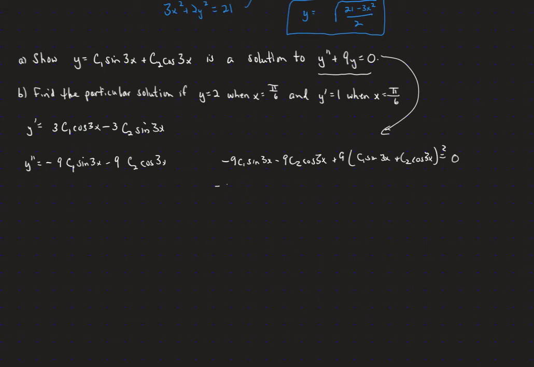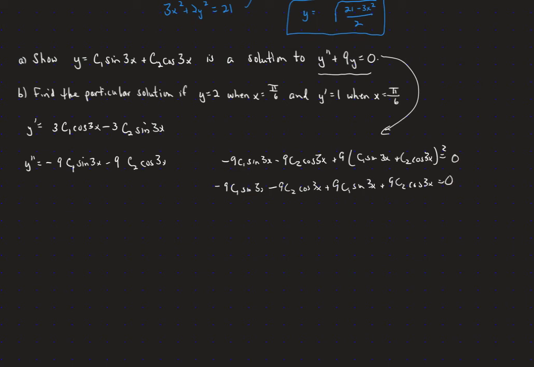So if we distribute, I think we can see where we're going. That's a minus 9 c2 cosine 3x. Distributing the 9 will make that a plus 9 c1 sine 3x and a plus 9 c2 cosine of 3x.